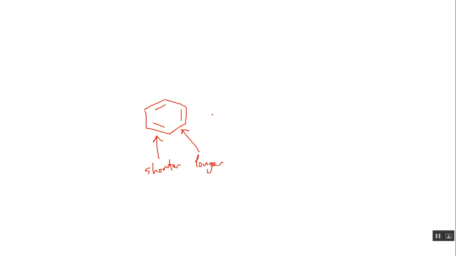So, according to the resonance theory, when a situation like this occurs, one can draw another structure where the only difference between it and the previous structure is the positions of the pi electrons or the double bonds.